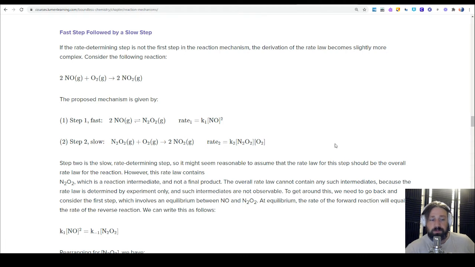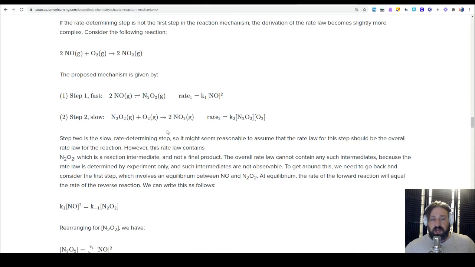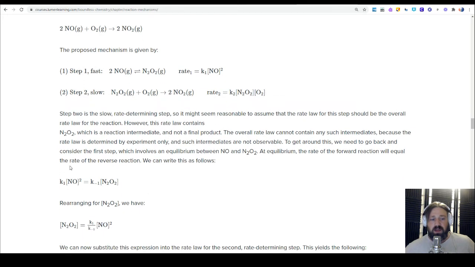Well, this is kind of the thing, is that we have to think about how quickly does dinitrogen dioxide come about, and how quickly are we using it up?